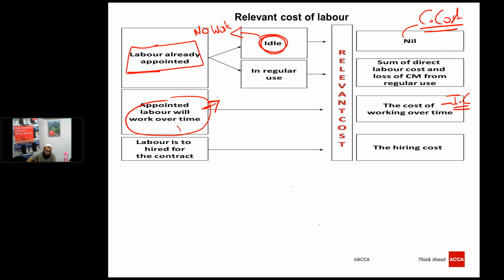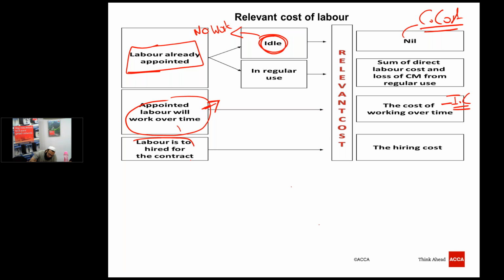The overtime cost is incremental cost. So if the appointed labor is working overtime, other than the normal work he is doing, for the one-off contract, the cost of overtime will be relevant cost, incremental.